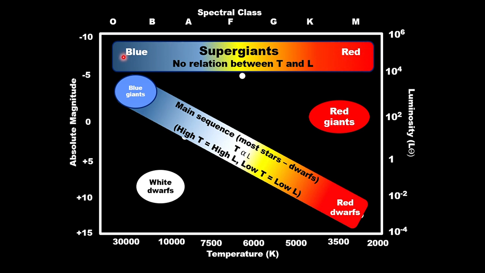So they must be much bigger than the blue supergiants. The red giants are the same temperature as the red supergiants, but not as luminous, so they must be smaller. And the red dwarfs at the same temperature must be really, really small to be so dim. And the white dwarfs, being such high temperature but such low luminosity, they must also be very, very small.